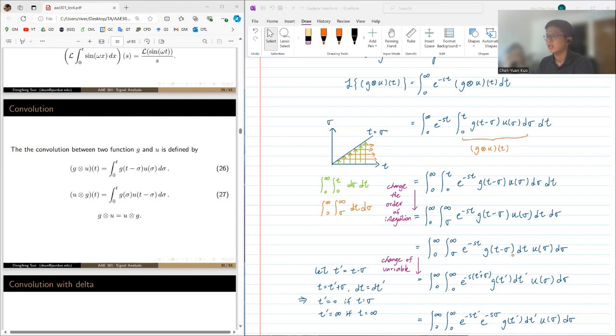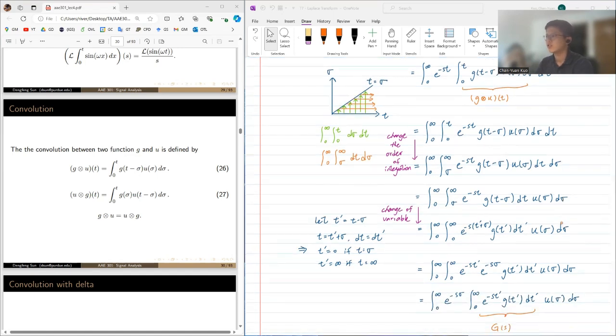Now, as you can imagine, in order to integrate over this area, there's another way we can do this. That way is we integrate t from sigma all the way to infinity, and then we integrate sigma all the way from 0 to infinity. So after changing the order of integration, what we'll be left with is this expression here.